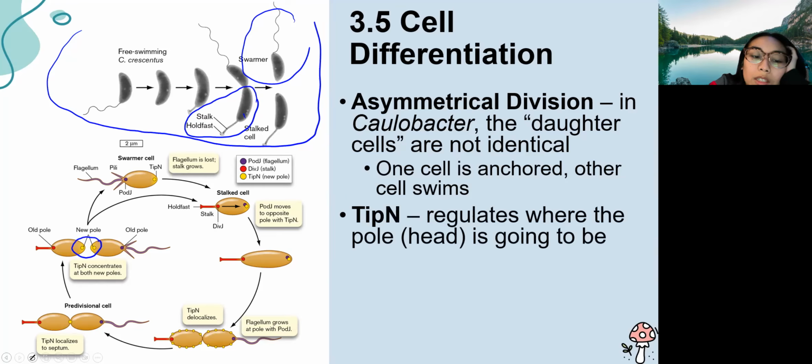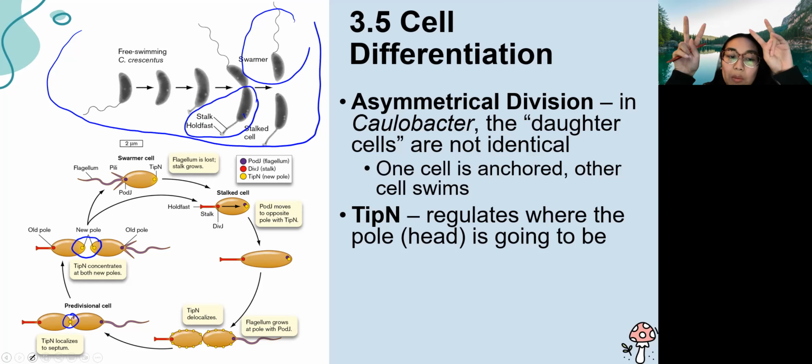And when the cell divides, you have this TipN, and it always ends up in the head part. Obviously, there's no head of the bacteria, but I like to call it the head because it seems like it's the front, even though it's not really the front. But anyway, TipN migrates to the ends of the heads of these bacteria, and so it establishes that this is the head part.